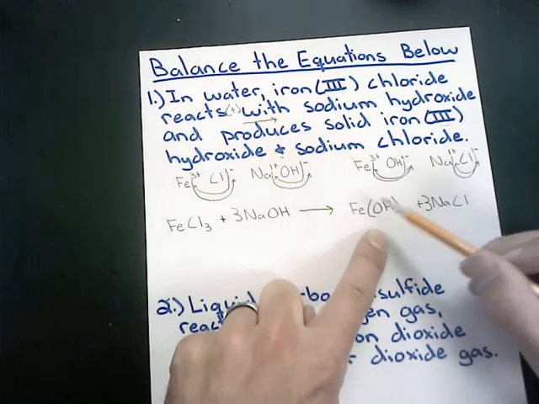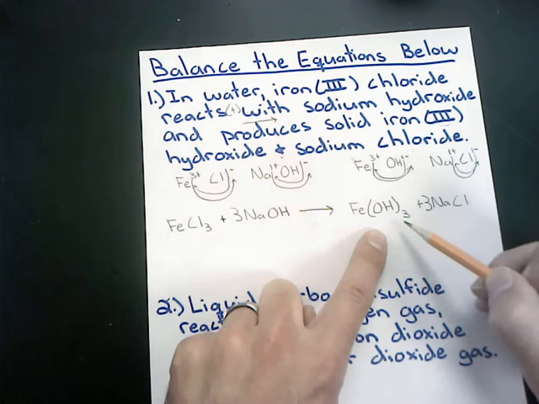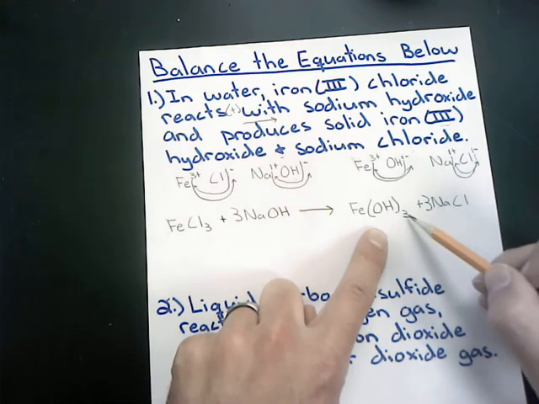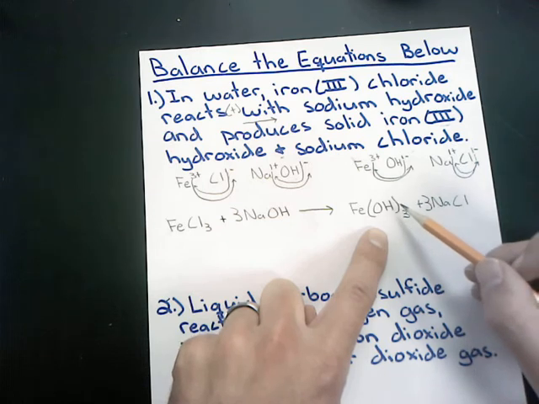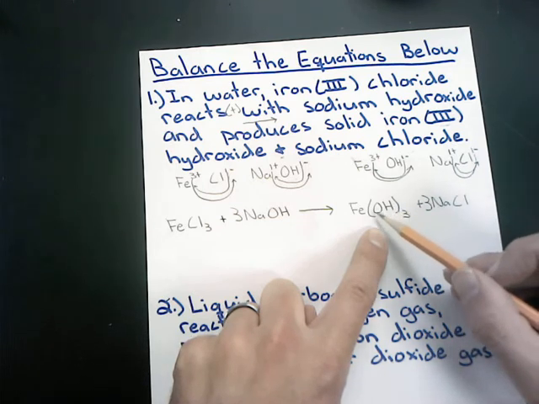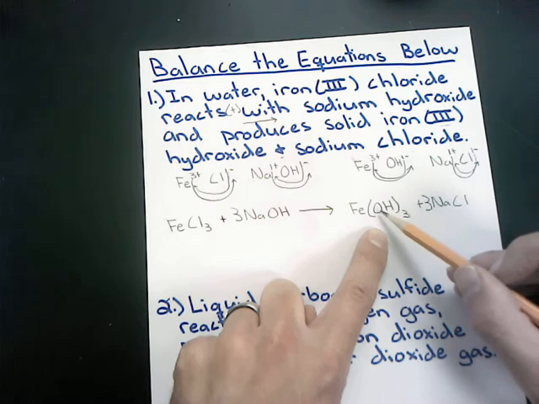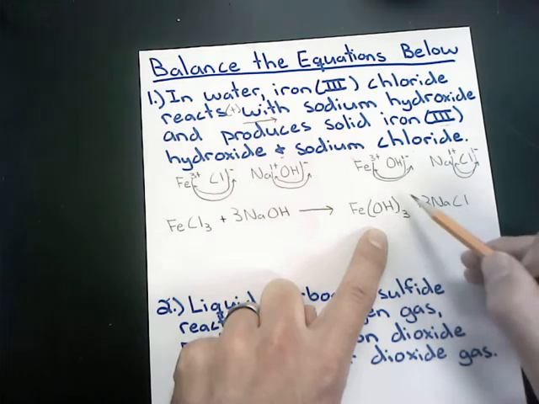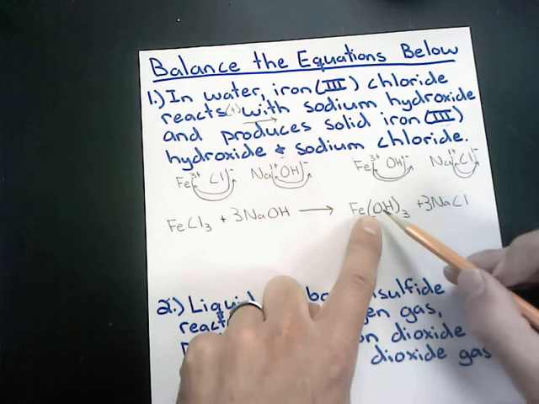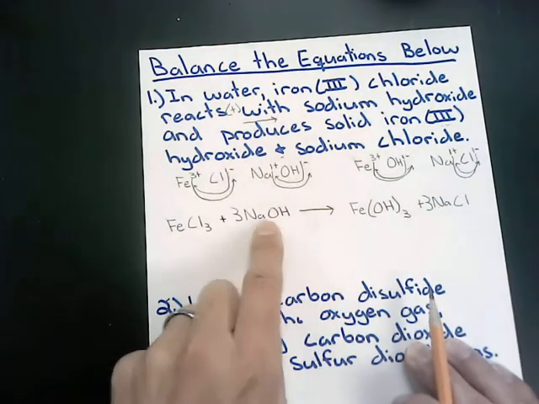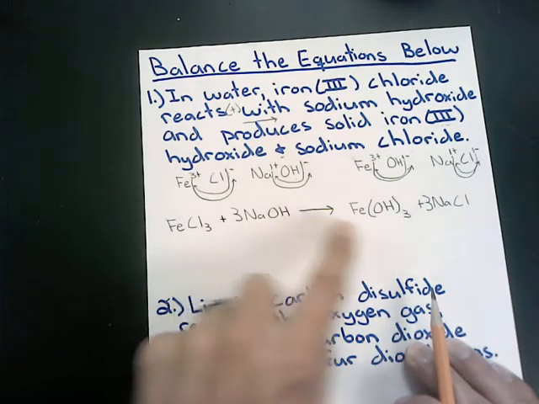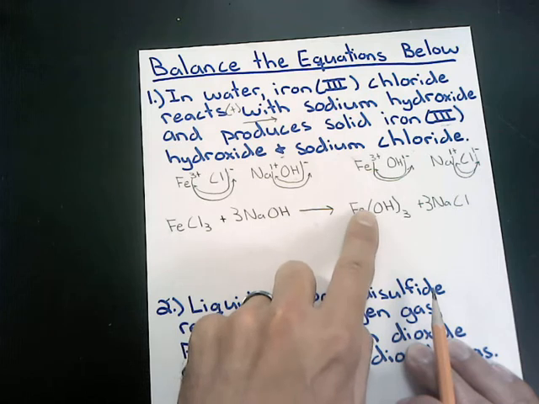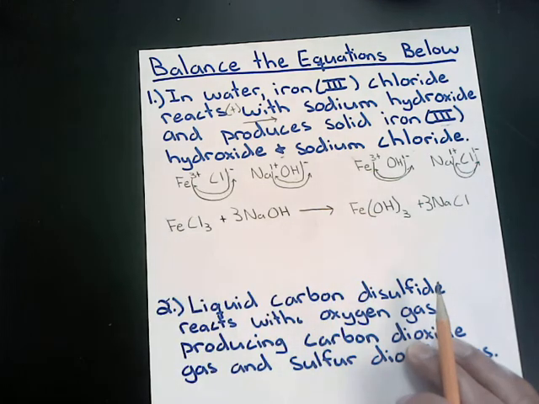So notice how we put OH in parentheses, and then out to the bottom right, we put that 3. That 3 not only applies to the H, but it also applies to that O. So right here we have 3 times 1, which represents we have 3 oxygens. Because we have 3 oxygens on the left and 3 oxygens on the right, the oxygens are balanced.